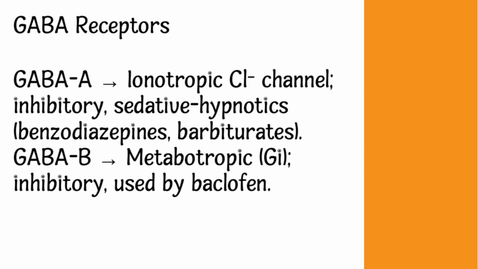Generally speaking, GABA receptors are involved in inhibitory actions. And this GABA A is acted upon by benzodiazepines and barbiturates. So drugs that are used to treat sleep disorders, stuff like that.